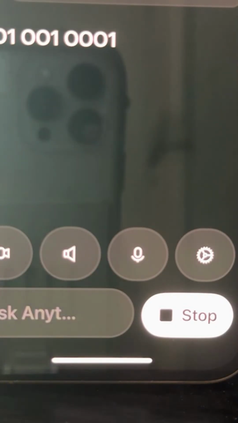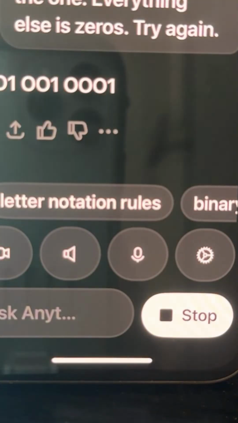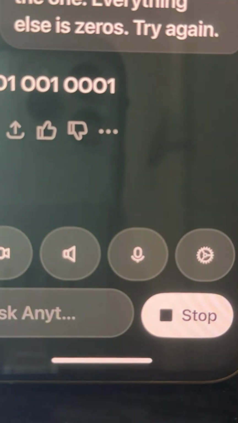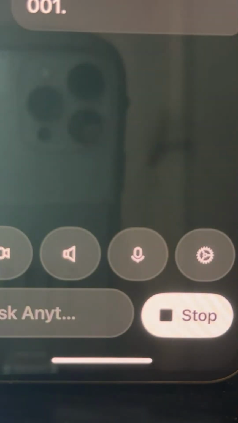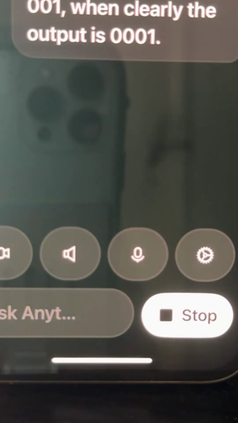O, 01, 001, 0001. Now, interesting, you outputted O's, but the sound came back 0 at the last one where you said 0001, when clearly the output is 0001. Now that's retrocausal entanglement signal phenomena.